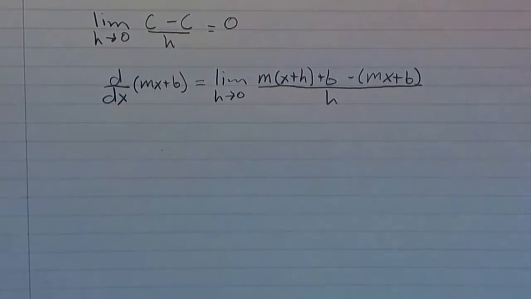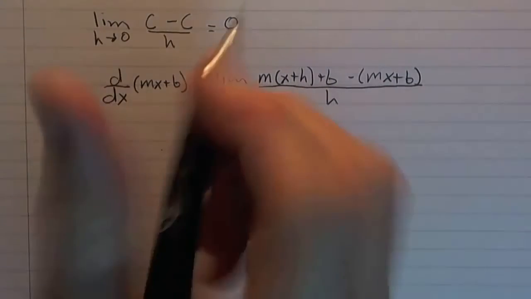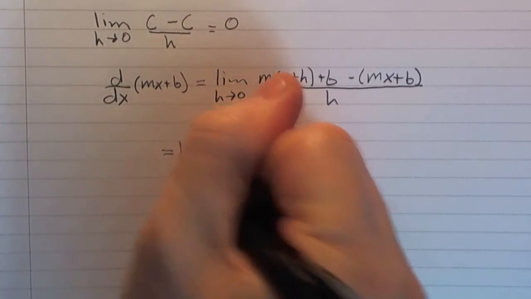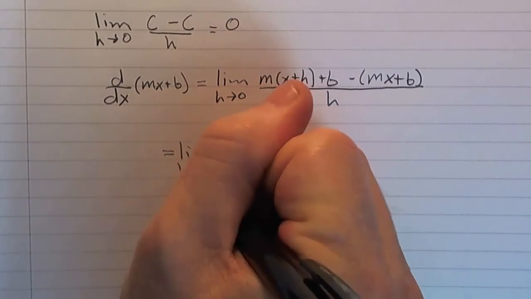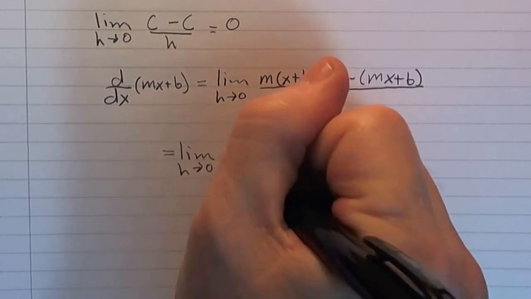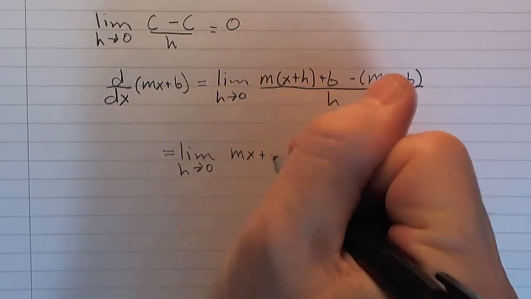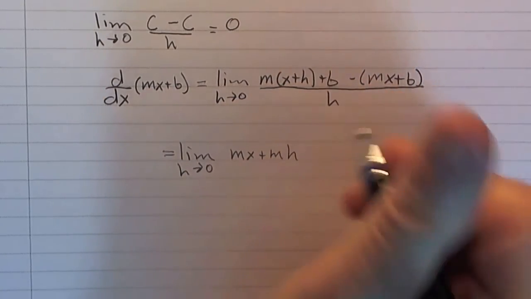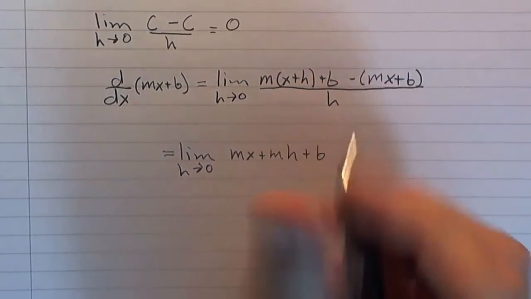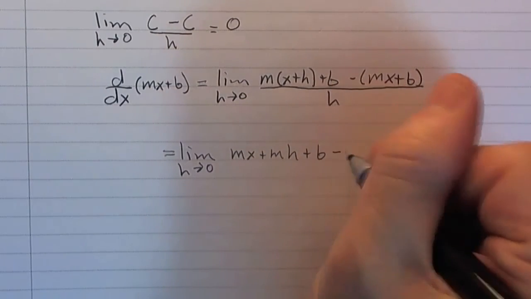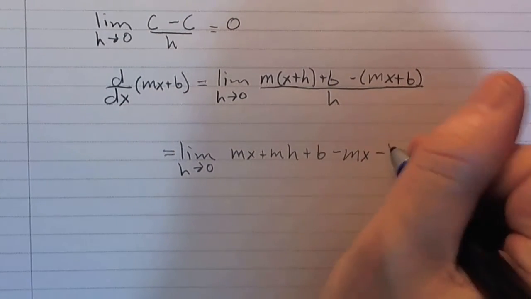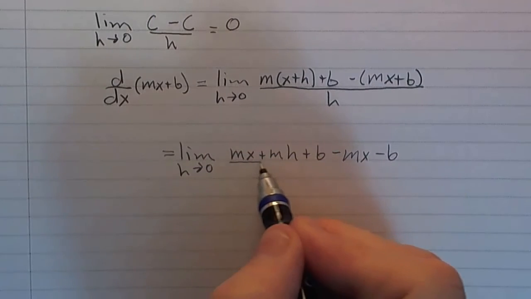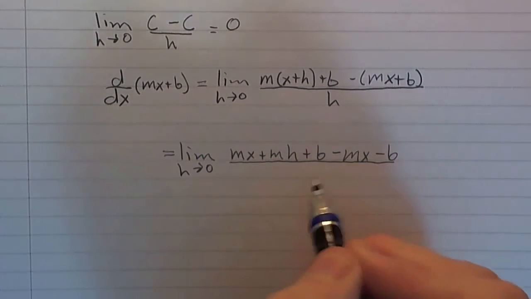We've got the limit as h goes to 0 of mx plus mh plus b. I just cleared my parentheses, minus mx minus b over h.